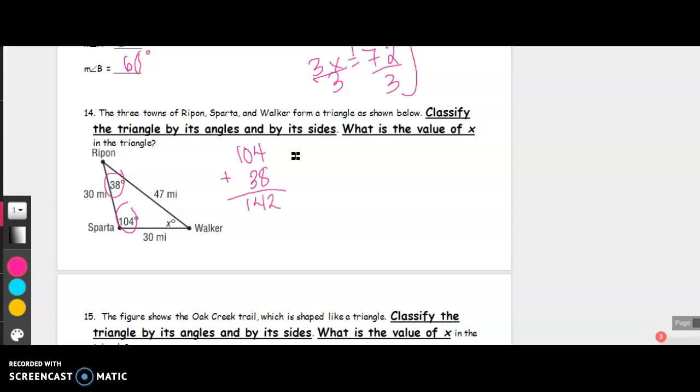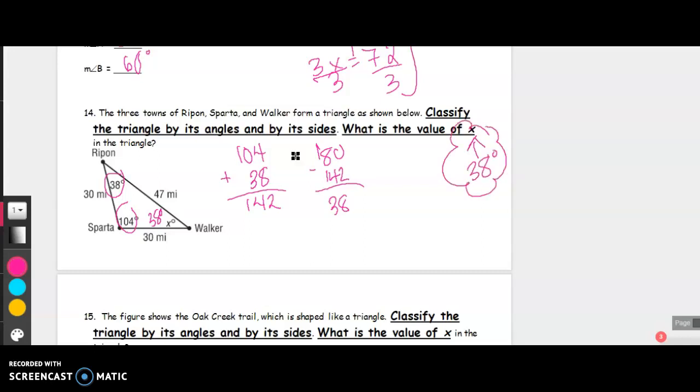Now, how many degrees is a full triangle? We know it's 180. So 180 minus 142 is going to give us that missing angle. It's 38. So the value of x, first of all, is 38 degrees.